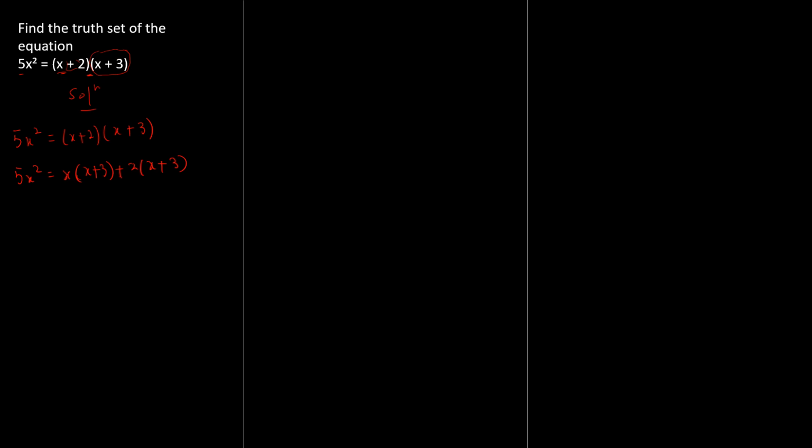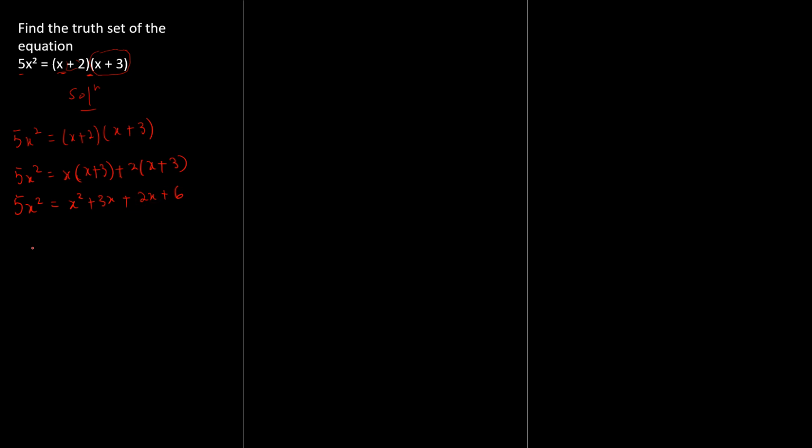There's a simple way of doing that in the core maths way. So I've been able to break this down: 5x squared is equal to x squared plus 3x, expanding this, plus 2x plus 6, okay?